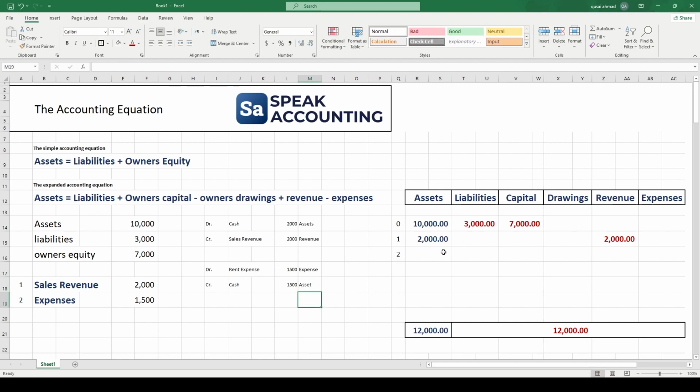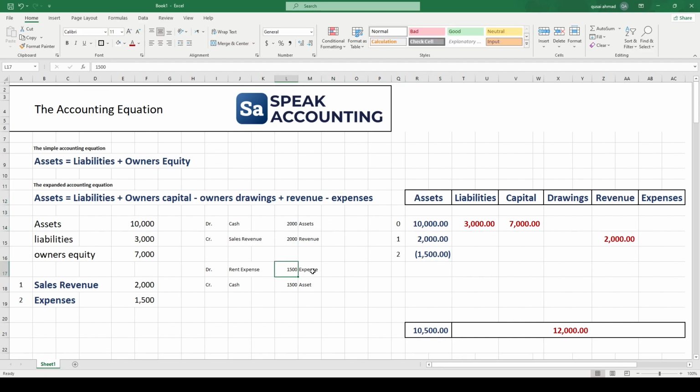Now let's see how it affects the equation. We credited our asset account by 1,500, so that's a minus 1,500. And as you can see here in the expanded accounting equation, expenses decrease the owner's equity.